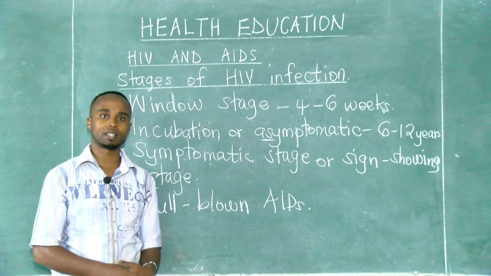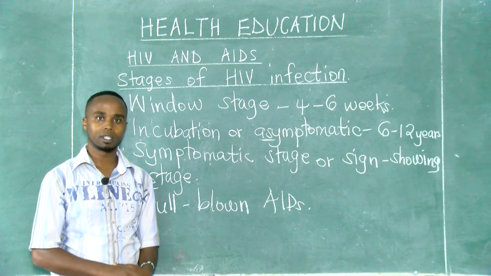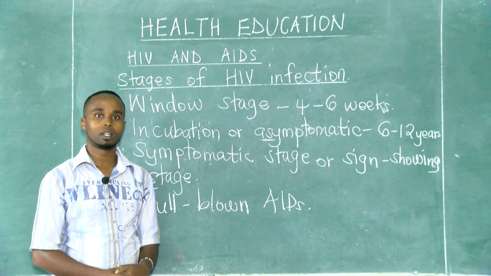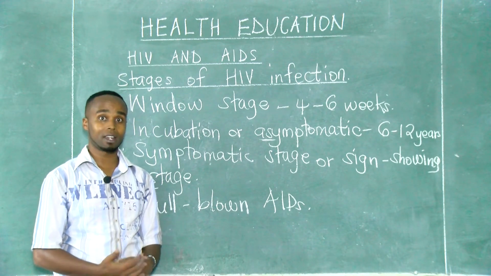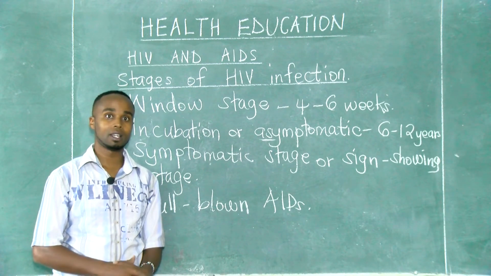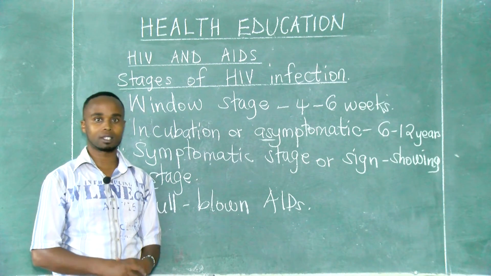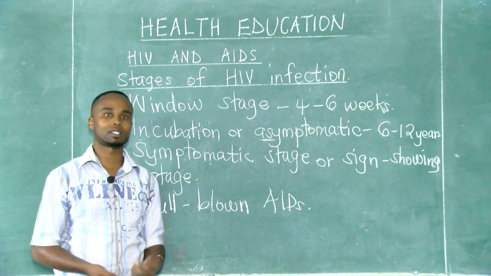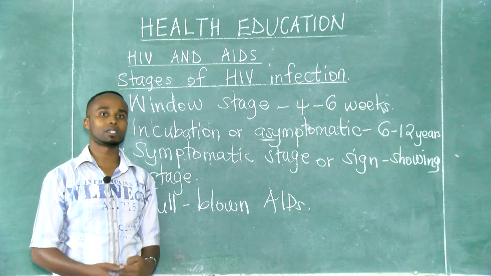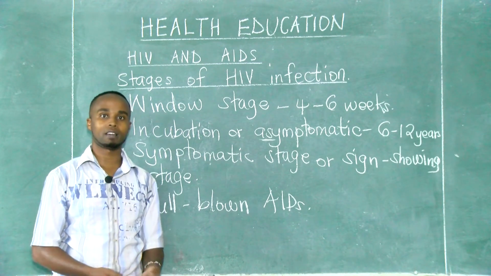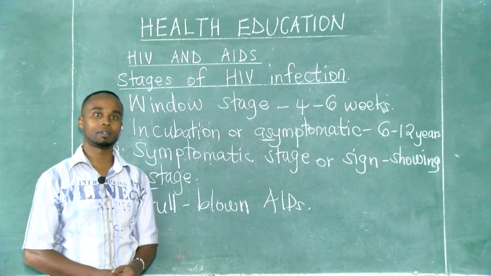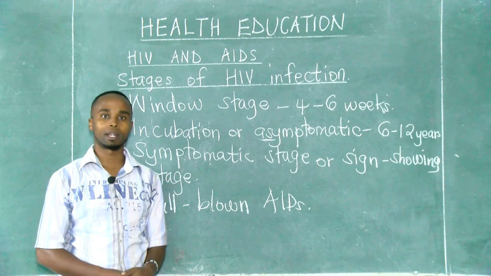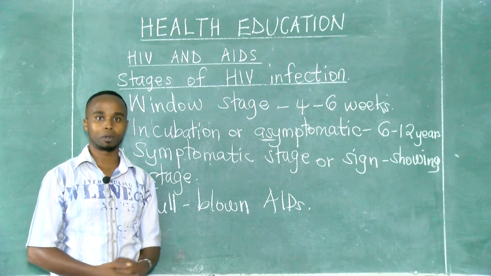That is not good. Apart from those signs, the best thing is to go for a test. These are just bad signs. So whenever you see a person with those signs, don't just say that they have AIDS. Let them go for a test to confirm, because they might be suffering from another disease or other problems.